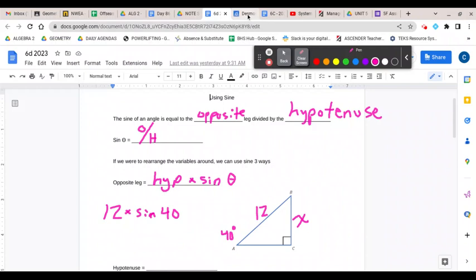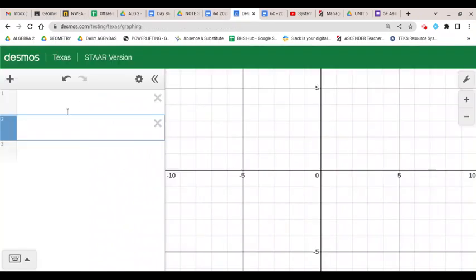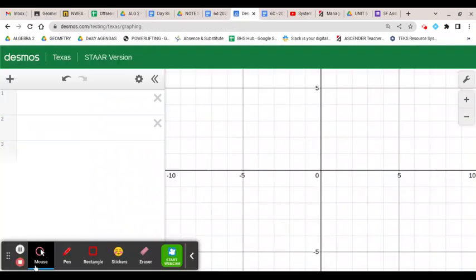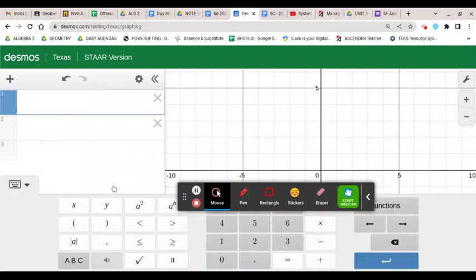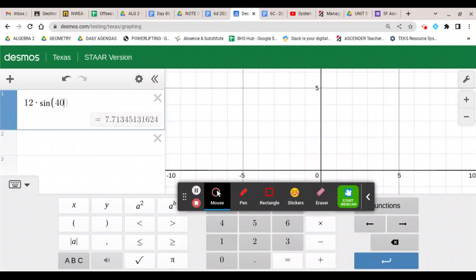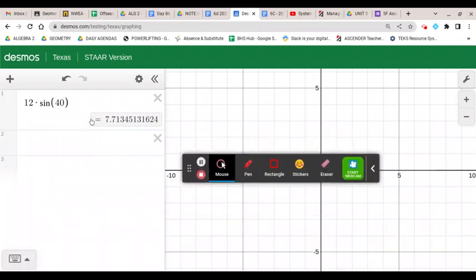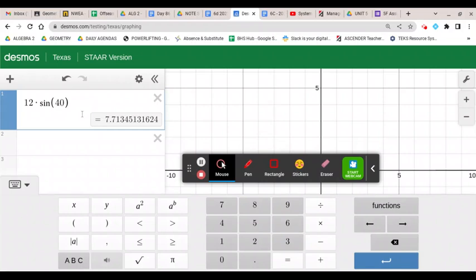We'll go to our Desmos calculator, pull up our keyboard and type in 12 times sine 40. And then you get your answer, about 7.7.